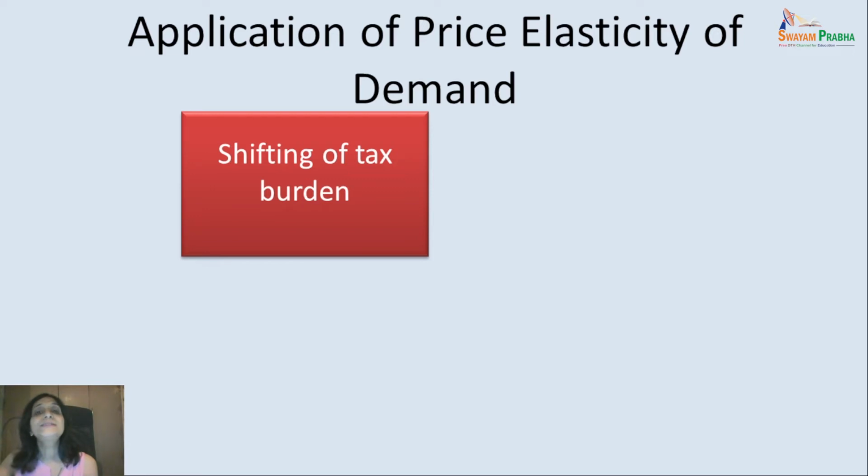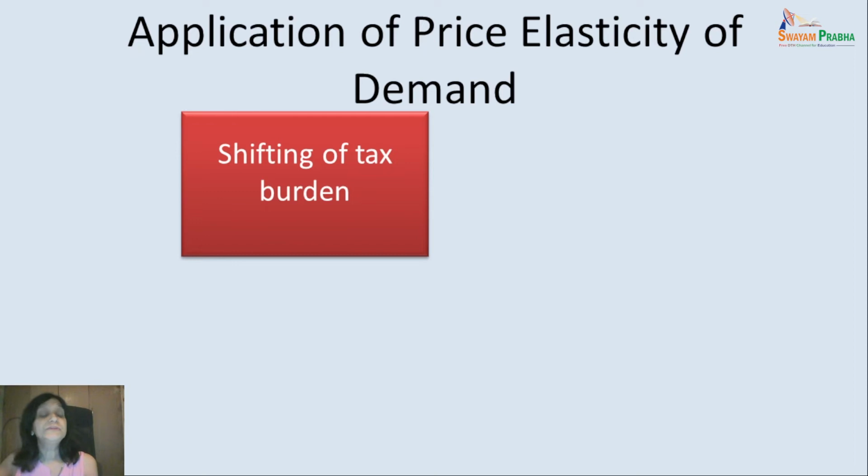If the product has inelastic demand, the producer will be able to shift a greater burden to the consumers, because he knows that the consumer will not reduce the demand of the product so much as the price has increased because of this shifting of the tax burden.